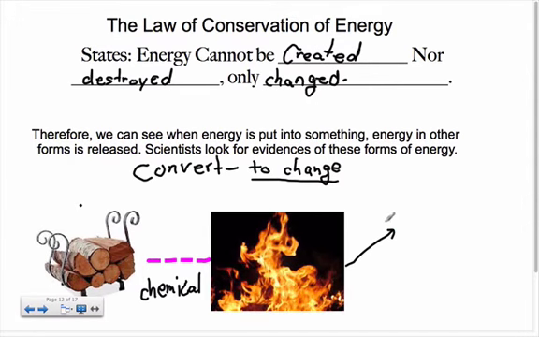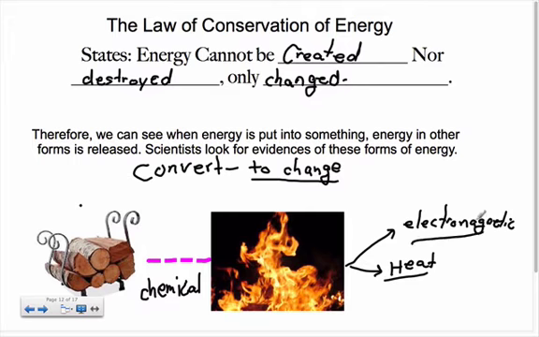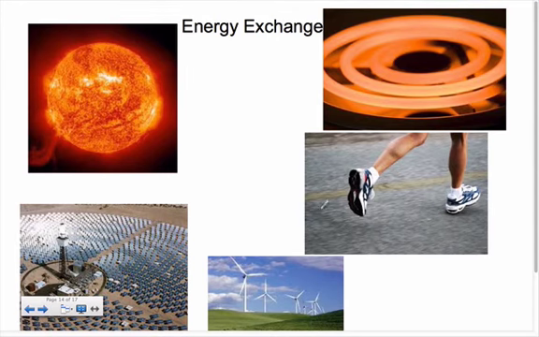We see light in the form of electromagnetic energy, and we also see it in terms of heat energy. And so both of those are used in our context here, how it changes from chemical energy to those two forms. So we're going to talk about energy exchange.